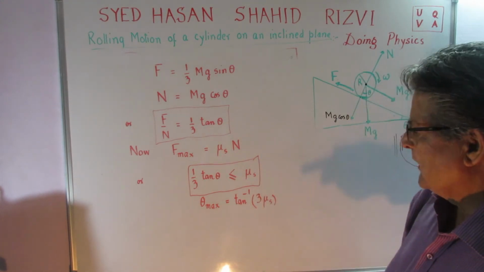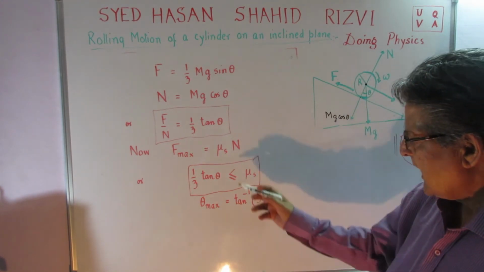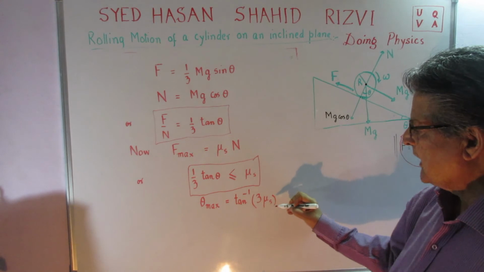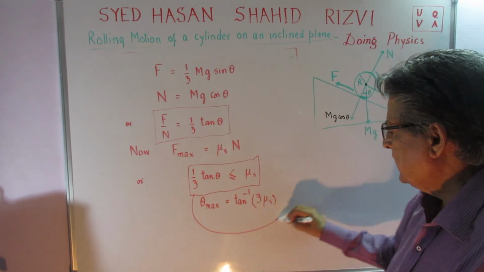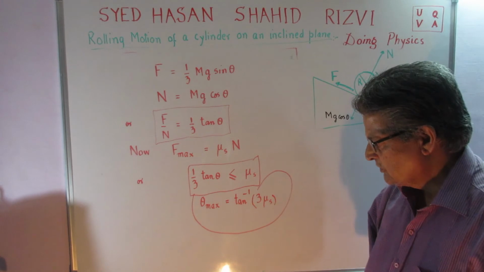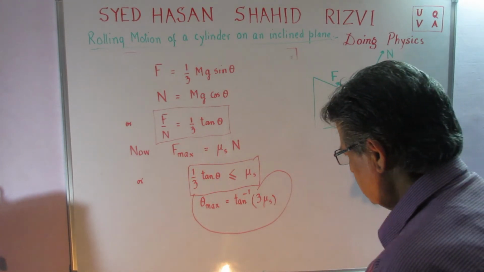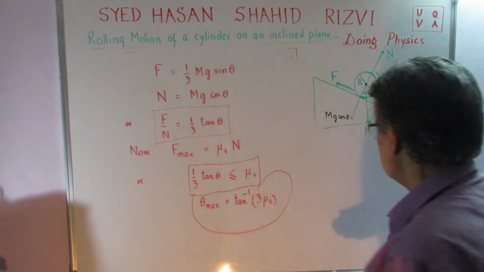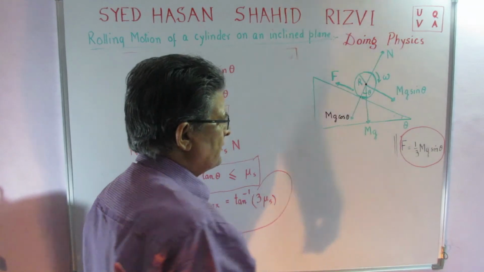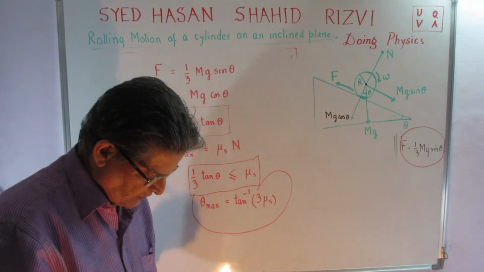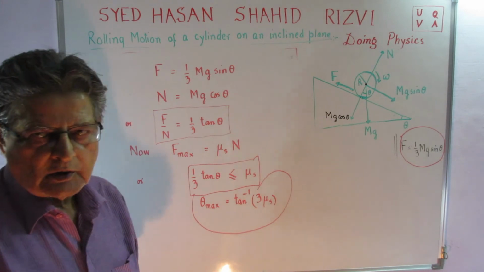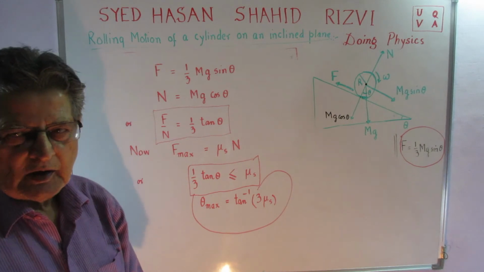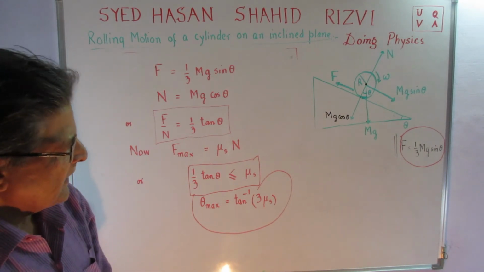Equating it to mu s, what I get is that the maximum value of theta of the incline over here will be tan inverse of 3 into mu s. And if theta exceeds that value, then of course the rolling will not take place, there will be slipping of the disc or the cylinder down the inclined plane.